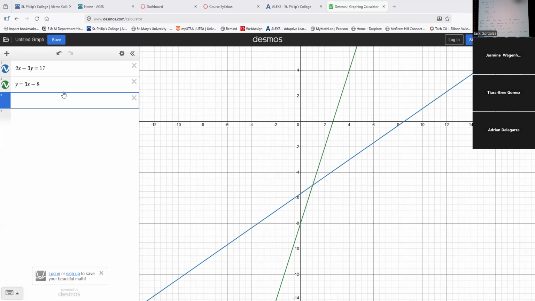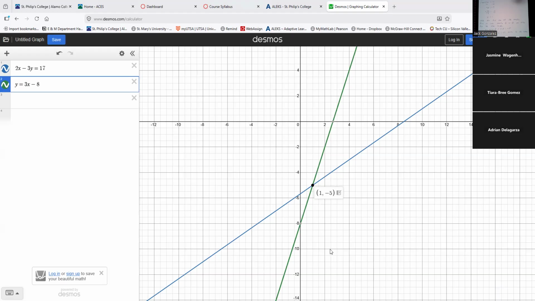All right, there's my two equations. Remember, a solution to a system is a point where they intersect, if there's a unique solution. We solved for the x and we got 1, and then we plugged that in and got -5. So we used algebra and substitution to find the intersection point here. If there was no solution, then they would be parallel, or if there was infinite, they'd be on top of each other.